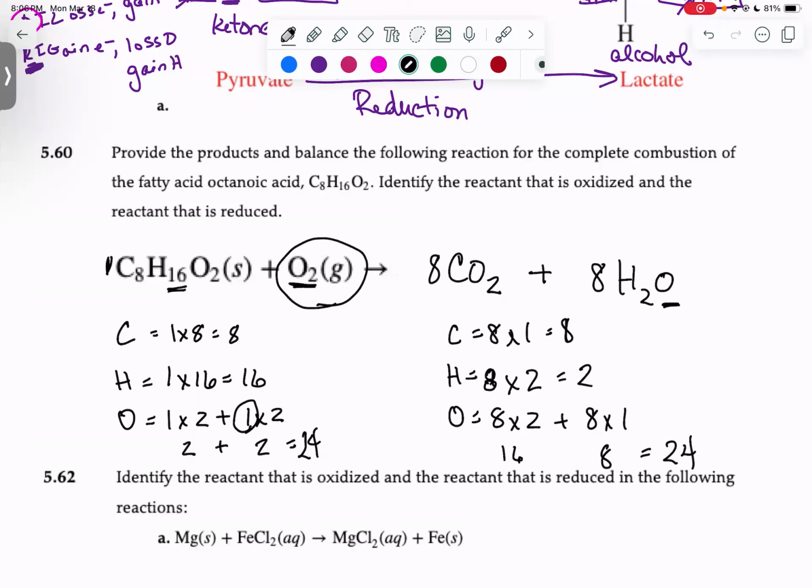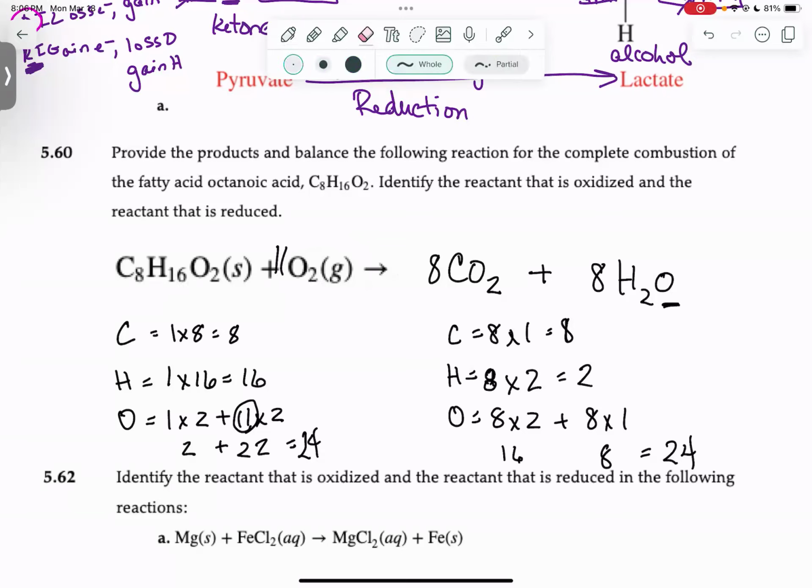Well, if that's 24, then this would have to be 22 because 22 plus 2 gives me 24. So how do I get 22? I have to have some number times 2. So that would be 11 times 2 gives me 22. Then 22 plus 2 gives me 24. And then I have the same number on either side. So I need to make sure to put in my coefficient here of 11. So this is my final balanced chemical equation.